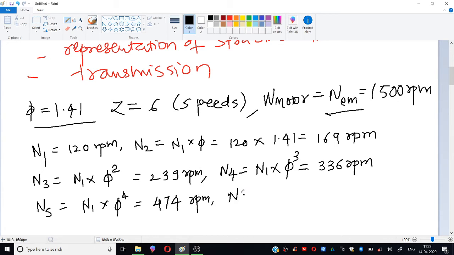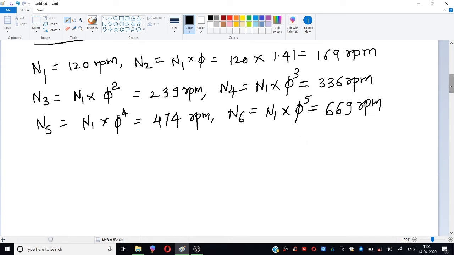And the last one, n6, is n1 into phi raised to power 5, which is 669 rpm.